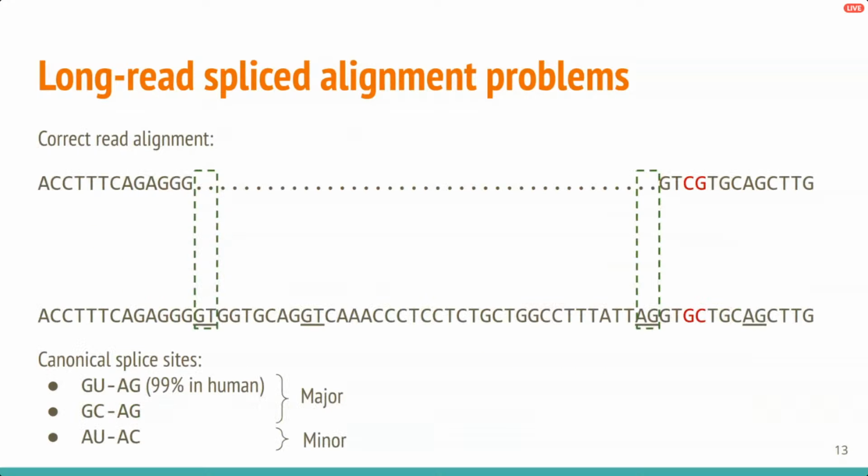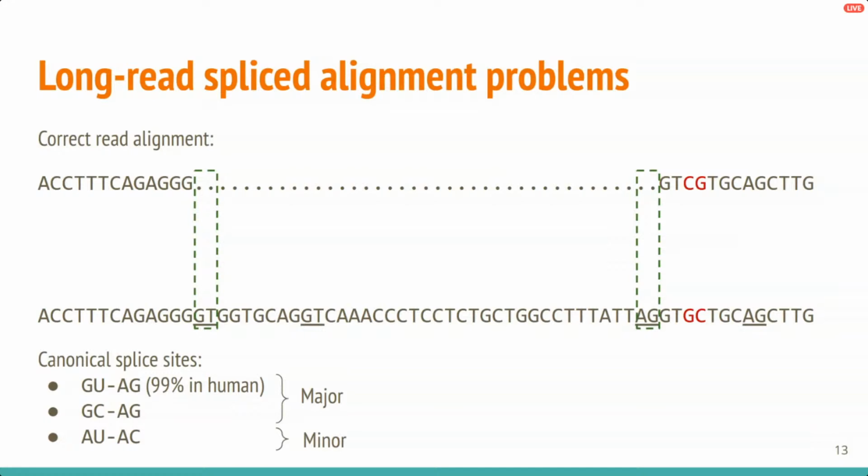And one thing I would like to mention here is that all spliced aligners that I'm aware of tend to map reads or transcript sequences so that introns have canonical splice sites. As you may know, we have 3 different splice sites which are called canonical. 4 of them are processed by the major spliceosome, and 1 is processed by the minor.